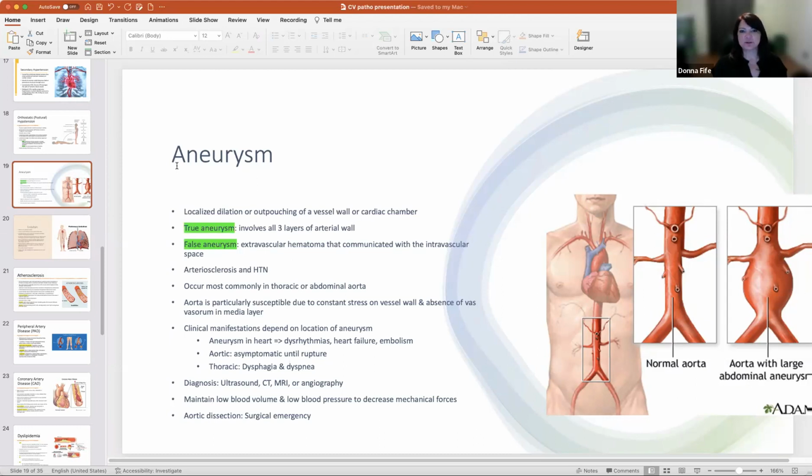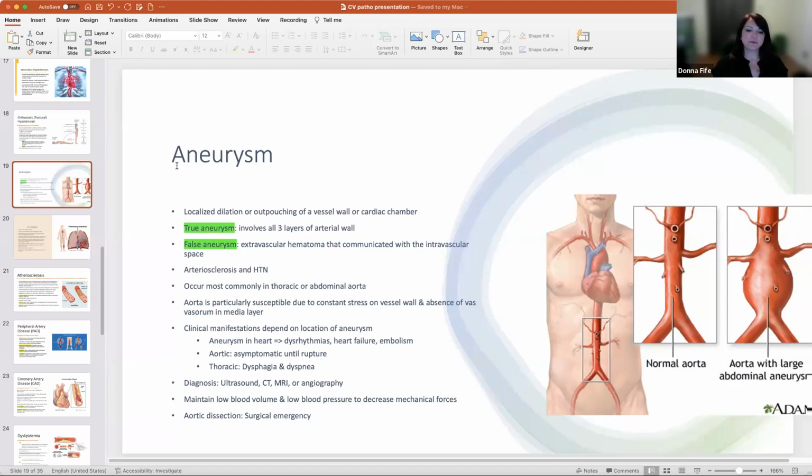Clinical manifestations are going to depend on where that aneurysm is located. An aneurysm in the heart may cause dysrhythmias, heart failure, or embolism. Aortic aneurysm is often asymptomatic until it ruptures, but it is sometimes found in a routine clinical exam. Thoracic can cause dysphagia and dyspnea.